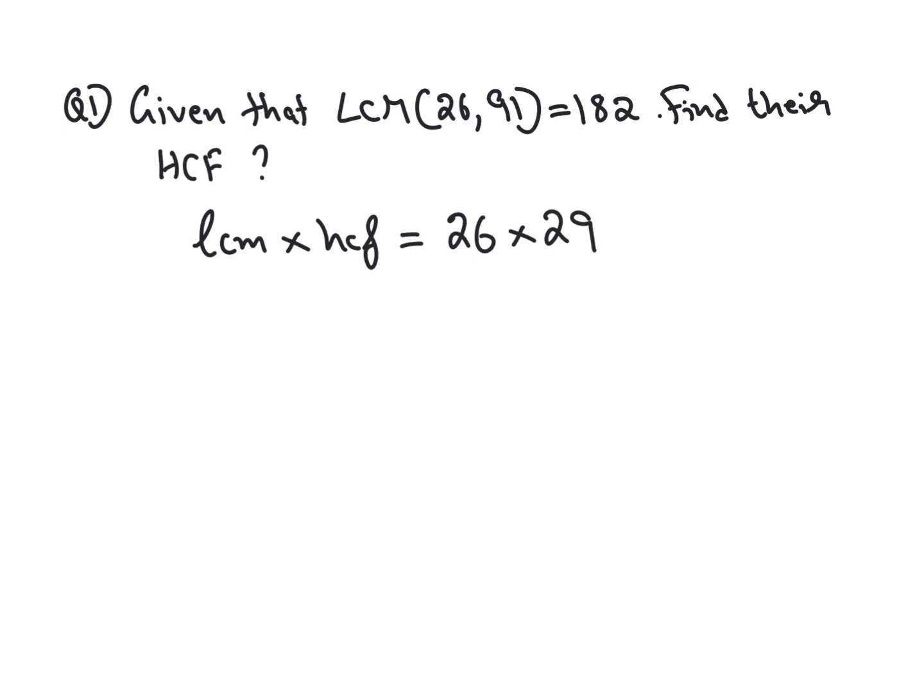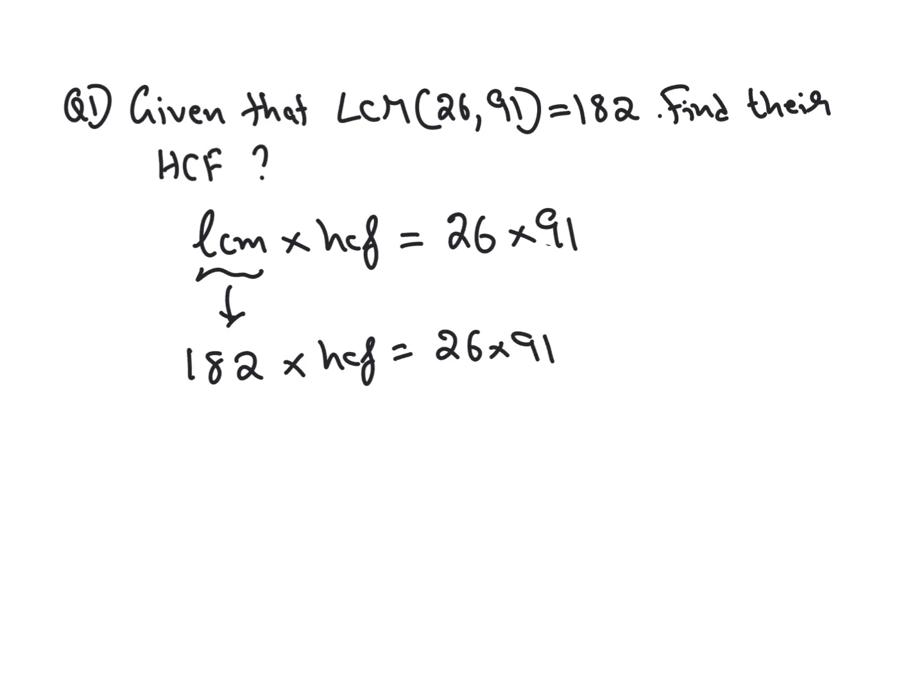Correct? Oh, it is 91. Fine. What is the LCM given in the question? LCM of two numbers in this case happens to be 182 times HCF is equal to 26 times 91.